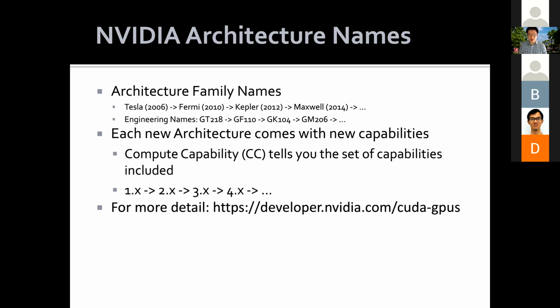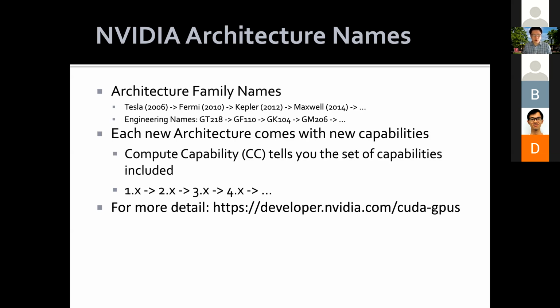For different capabilities, you can support different features. For example, as I mentioned, generally speaking you shouldn't synchronize your computation across blocks. But with CUDA 9 and compute capability 7.x, there is a capability to synchronize across blocks.